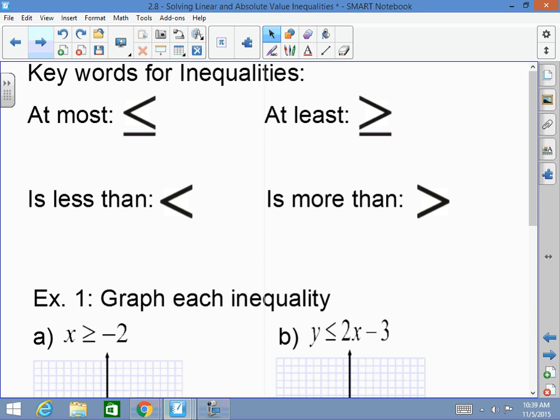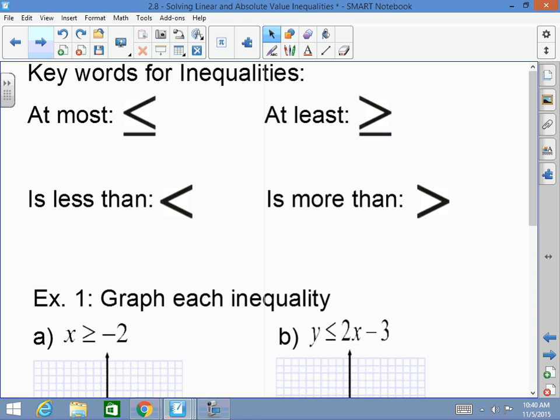Sometimes you're going to be dealing with word problems, and when you're dealing with word problems, you need to know what some words mean. When you hear "at most," it is less than or equal to. For example, Mr. Morrow is at most 45 years old. That means he's 45 or less than that.